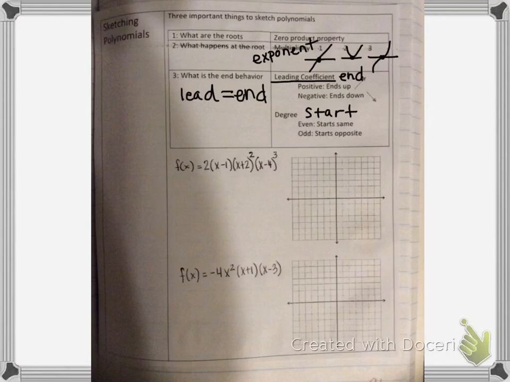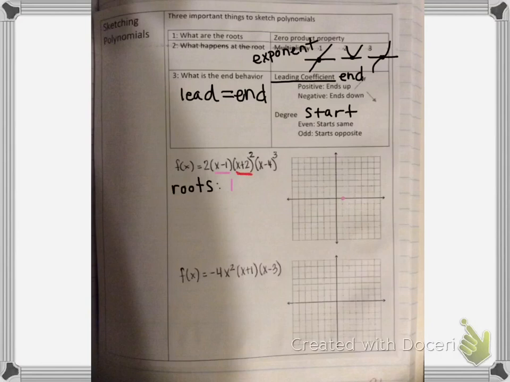All right, let's see how this works on one of our examples. So we have this first one. We want the roots first. They could also ask you x-intercepts here. Remember, those are the same thing. They would just be written as a point. So our roots, we've got right here. This gives us a root of 1. So you can see on my graph, I'm going to make that dot at 1.